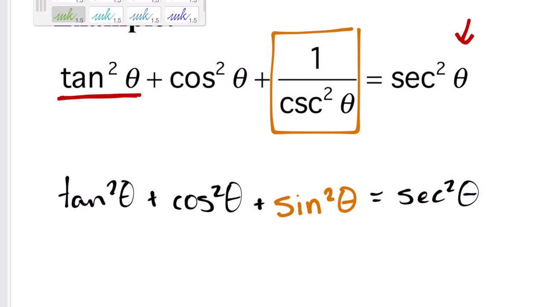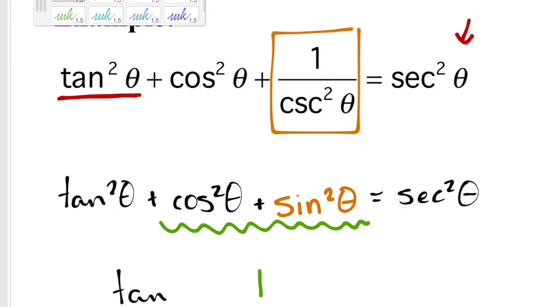So now looking at what I have left on the left side, I see my pickup line. Cosine squared theta plus sine squared theta together, they make 1. So then now I have tangent squared theta plus 1 is equal to secant squared theta.